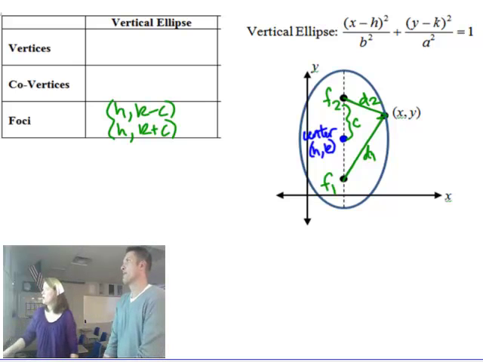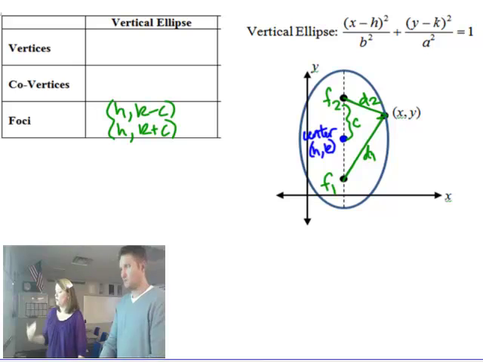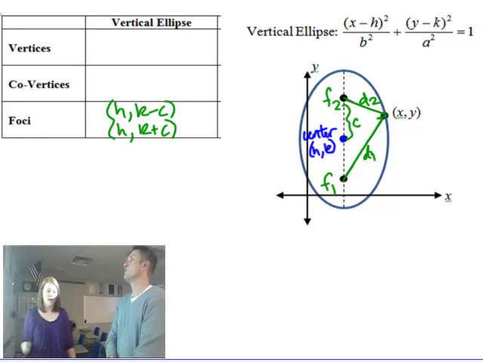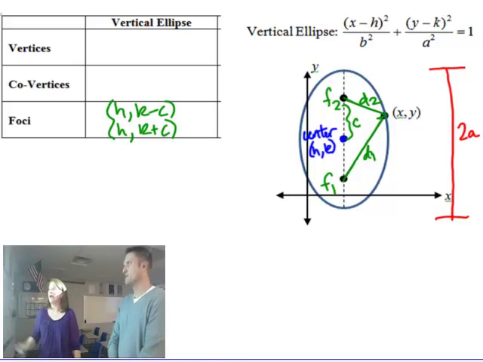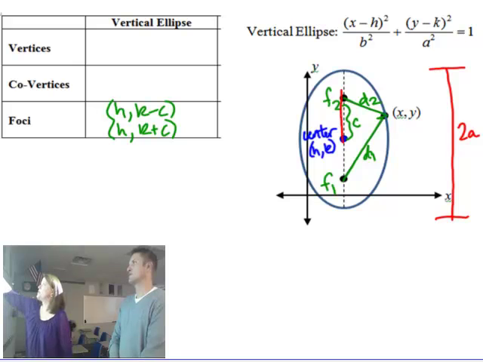So we got our foci, we got our two distances. What else? Well, we know from the exploration that this distance right here is longer in a vertical ellipse. So that's our major axis, and that has a distance of 2a. If I go from the center up to the top, that is a vertex.